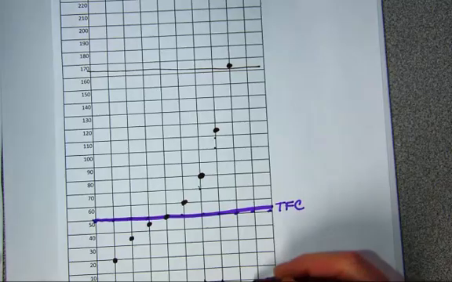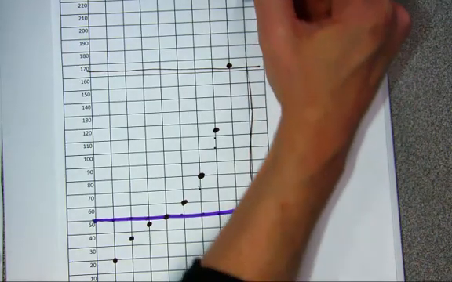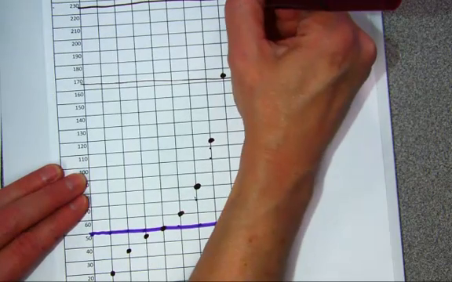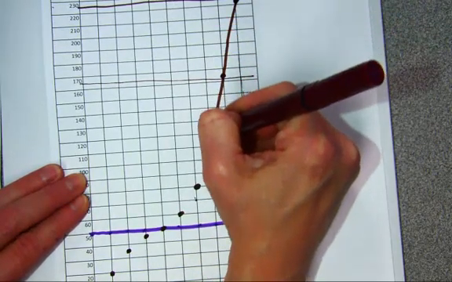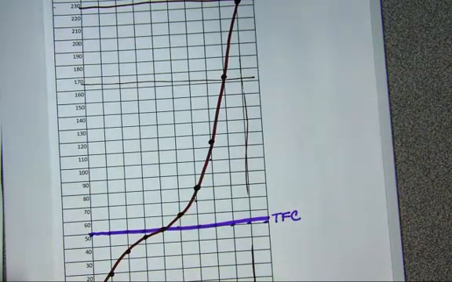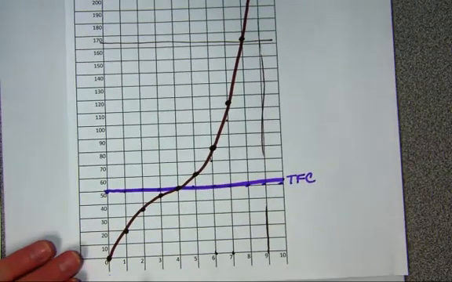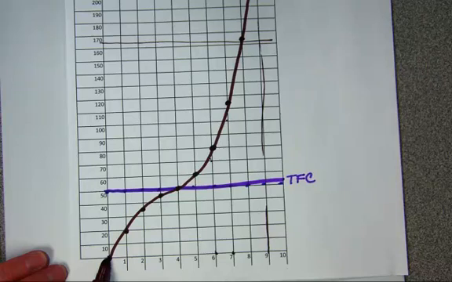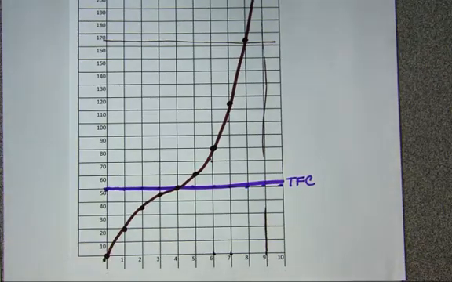So I'll just kind of draw a line there, and where they intersect is that point. I'm then going to go ahead and connect these, and we will have our total variable cost curve. And again, the unique thing about this one is that it starts out at 0, because when we are producing 0 units, we don't have any labor costs, raw material costs, and the like. So they start out at 0, but we still have to cover those fixed costs.